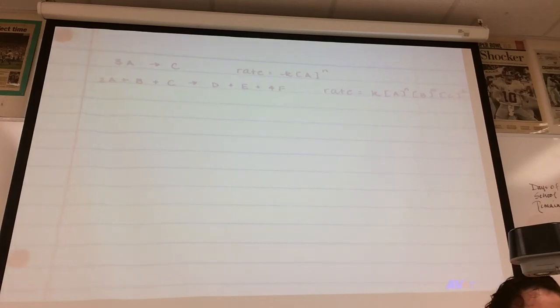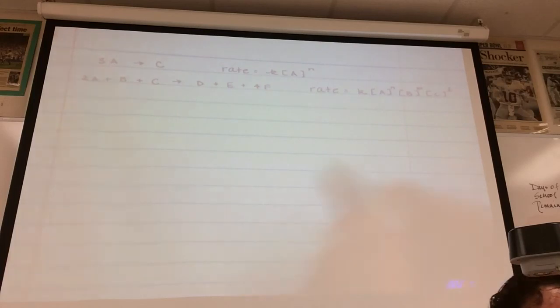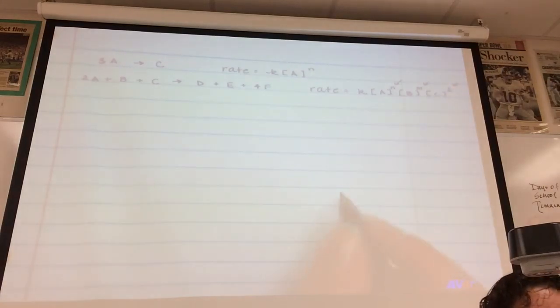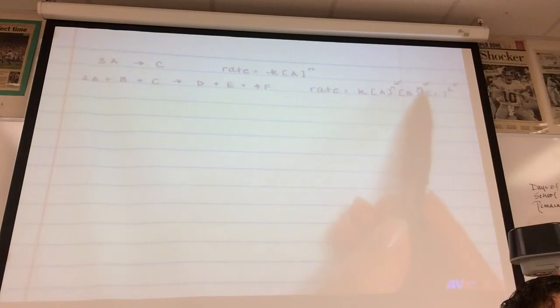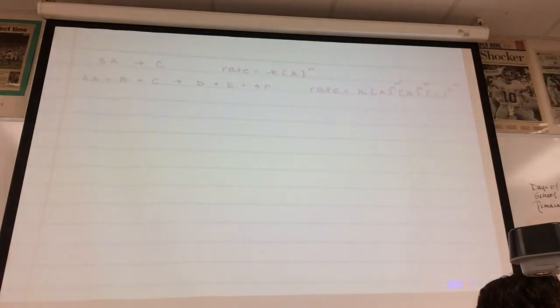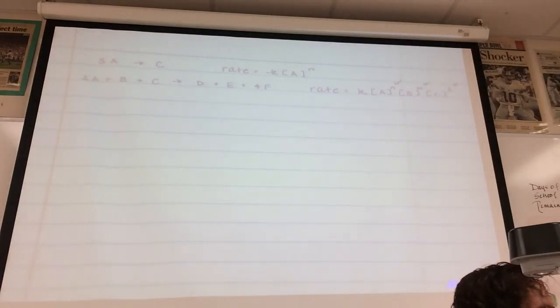So N, M, L. And we figure out these orders from experimental data. So N is the order with respect to A, M is the order with respect to B, and L is the order with respect to C. And that's all written in your notes.